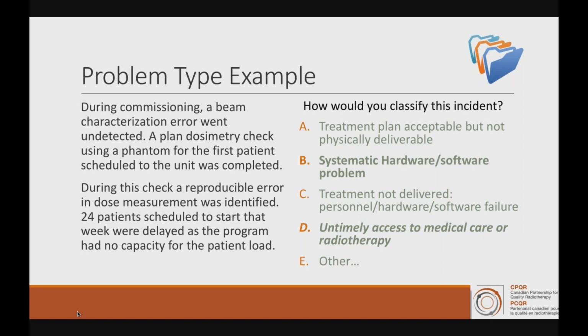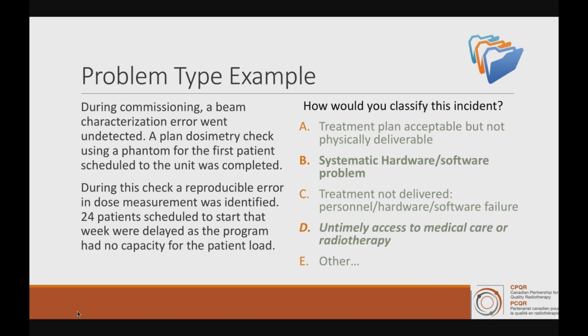This includes, but is not limited to, hardware software malfunctions, equipment calibration errors leading to dose volume deviations affecting multiple patients. That covers that commissioning issue that we have. So we've nailed down our problem type for that issue.